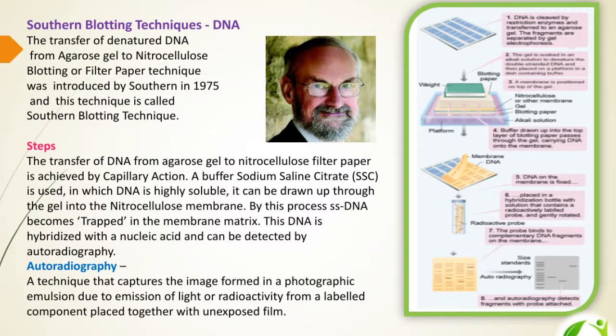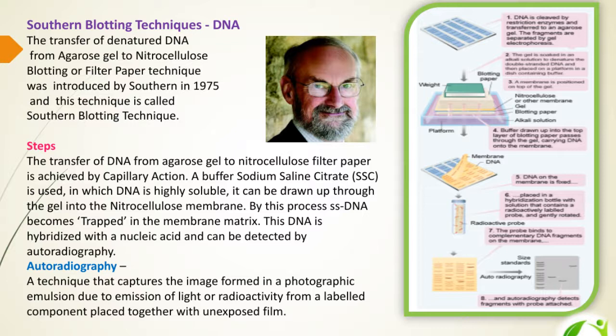Above the nitrocellulose paper you will have many layers of blotting paper, and above the blotting paper we will have the weight. This is the setup. In the tray or platform we have the alkali solution, which will be drawn up, and the DNA is fixed on the nitrocellulose membrane.